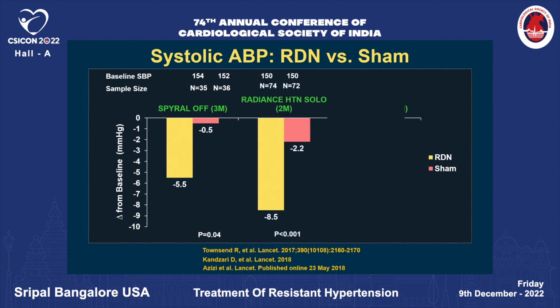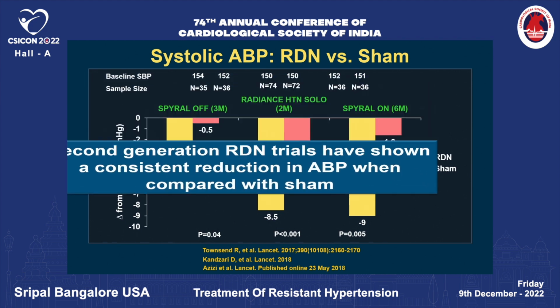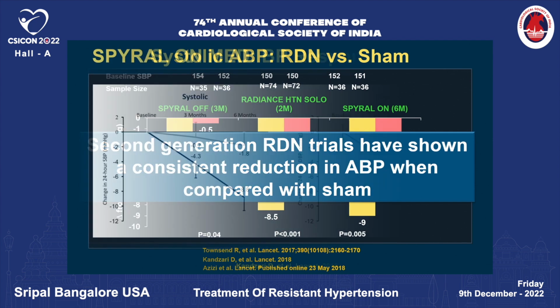In the Radiance Hypertension Solo trial, which we were part of, there was an 8 millimeter reduction in ambulatory pressures. In Spyral On-Med, these are patients who are treatment resistant, on medication but not controlled, there was a 9 millimeter decrease in blood pressure. What we have seen from all of these second generation RDN trials, which were sham controlled and used ambulatory blood pressure, is a clear, consistent reduction in ambulatory blood pressure when compared to sham.